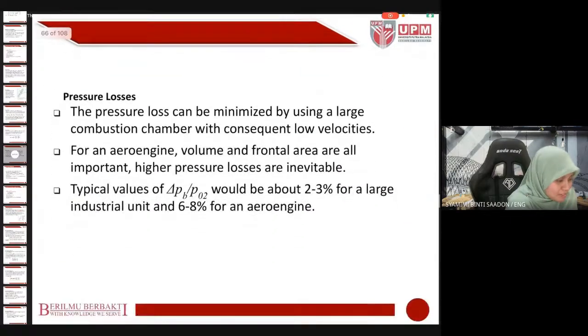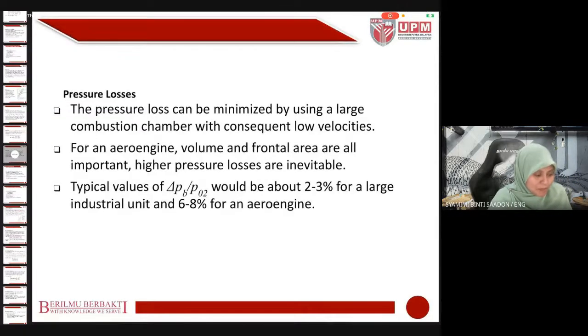The pressure loss can be minimized by using a large combustion chamber with consequent low velocity.